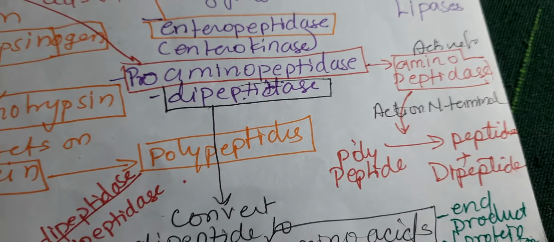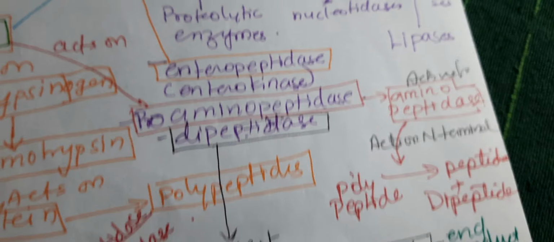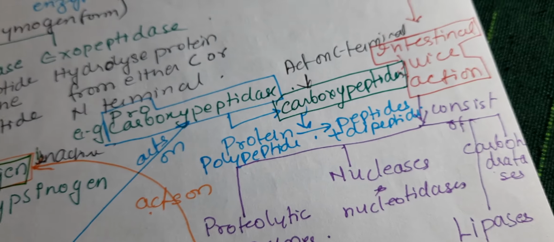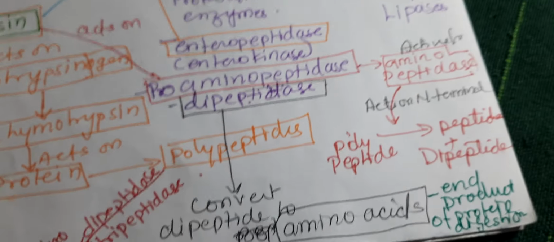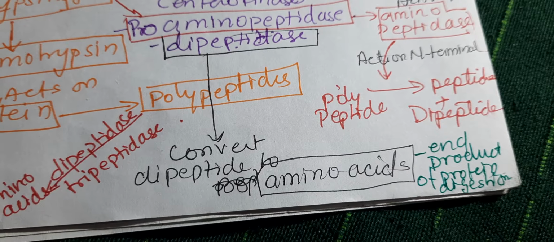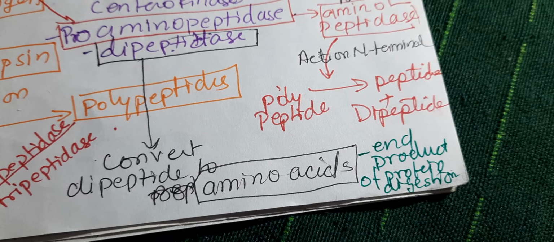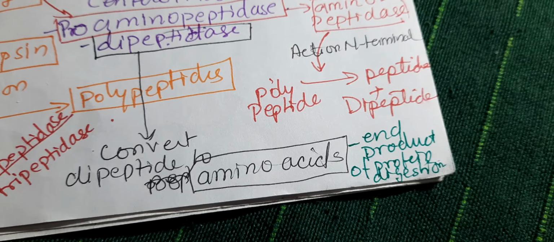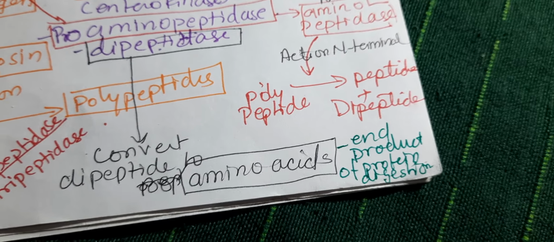Now on this polypeptide, the aminopeptidase, carboxypeptidase and dipeptidase act and convert the polypeptide to either dipeptide or amino acid, which are the end product of digestion.